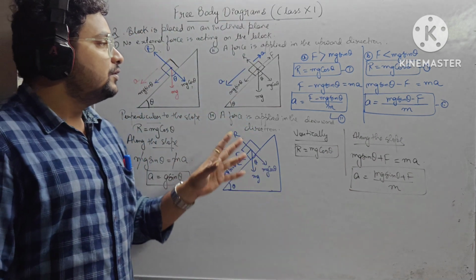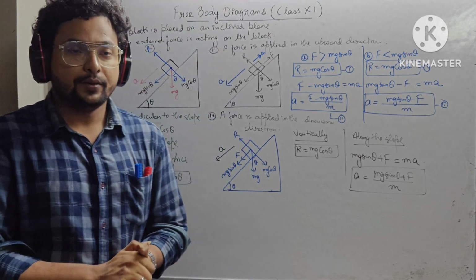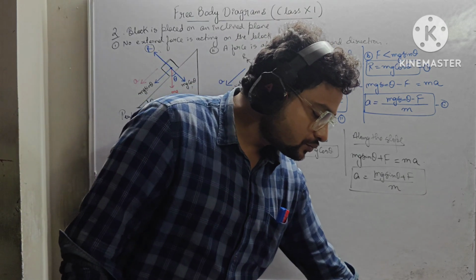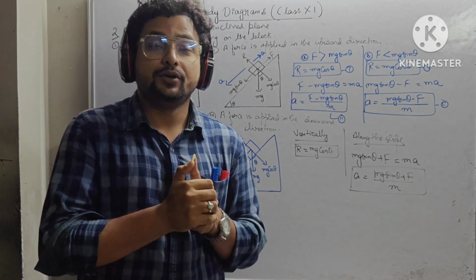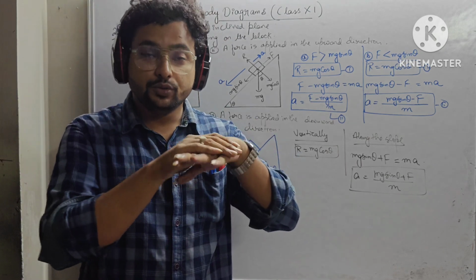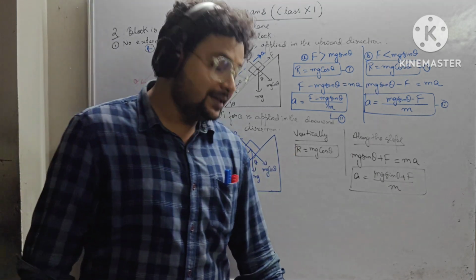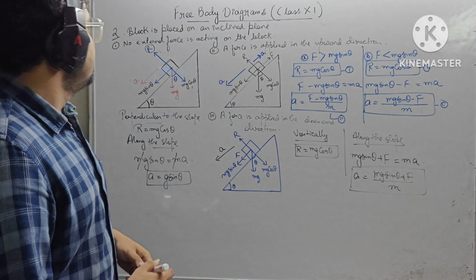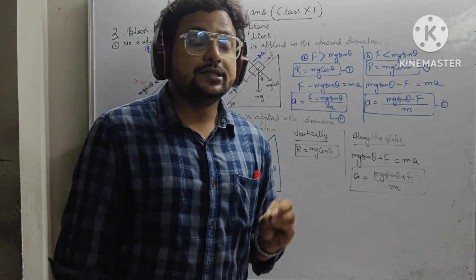So this is how we have to do it if a body is placed on an inclined plane. We have discussed two main important topics in free body diagrams: a body kept on a smooth plane surface, and a body kept on an inclined plane. Remember, in all these cases I have not considered friction.